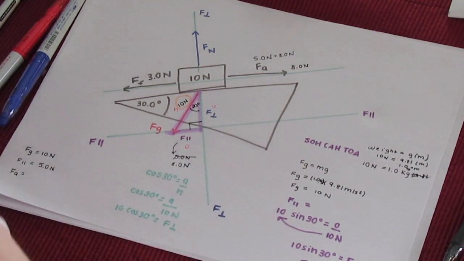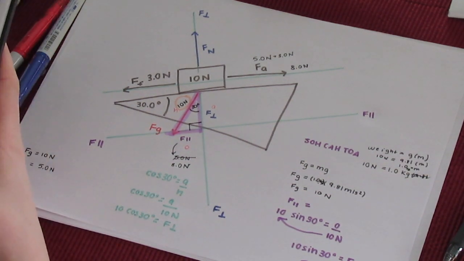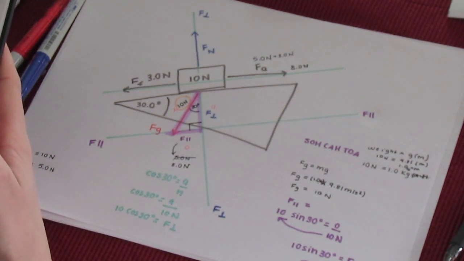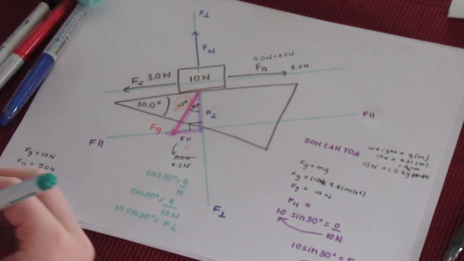And then you put that in the calculator. And 10 cosine 30 is 8.66, so we'll say 8.7.